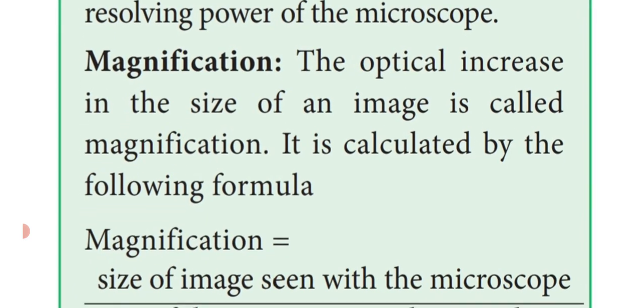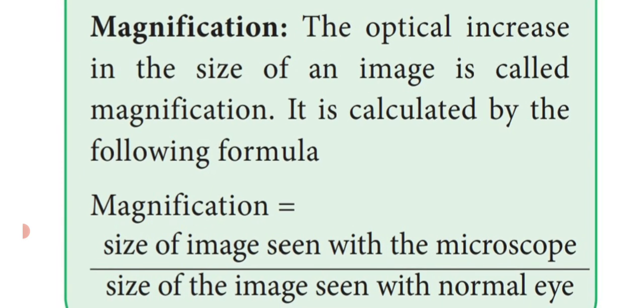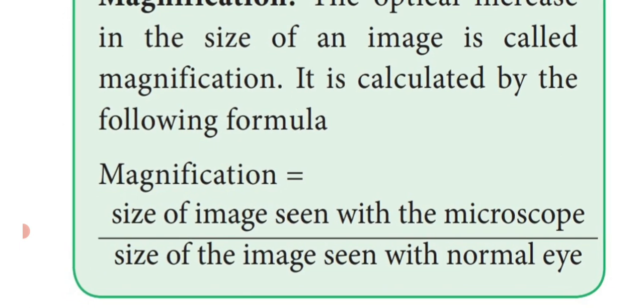Next one, magnification. The optical lens which increases the size of the image is called magnification. It is calculated by the formula: size of the image seen with the microscope divided by size of the image seen with the normal eye. With the normal eye, you are unable to see the object because it is very minute.